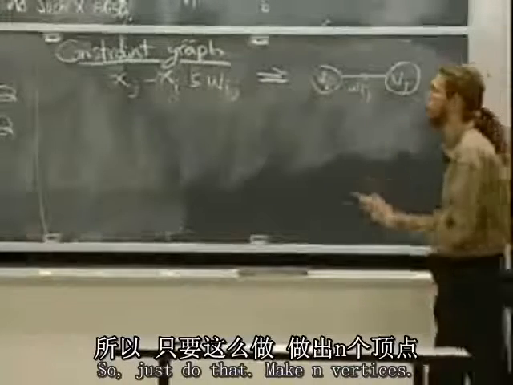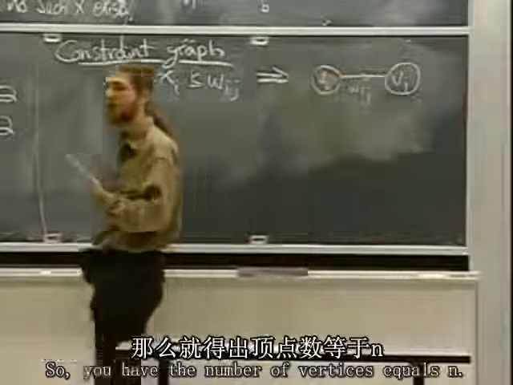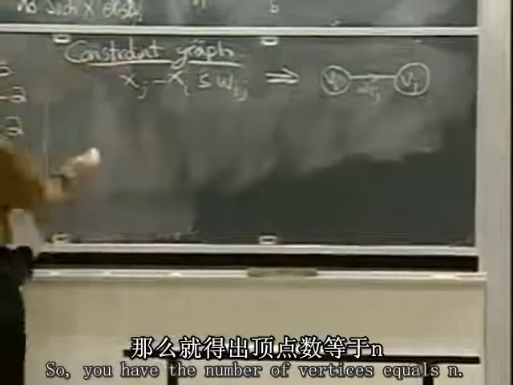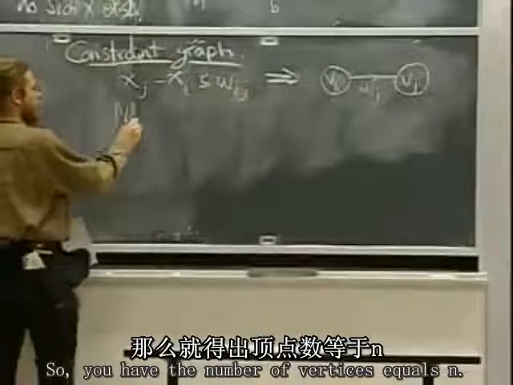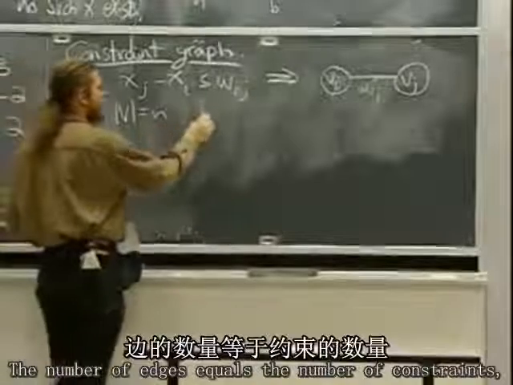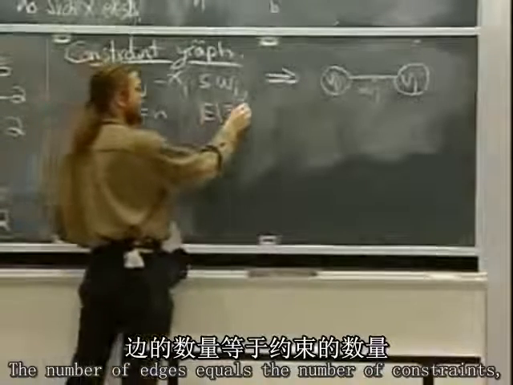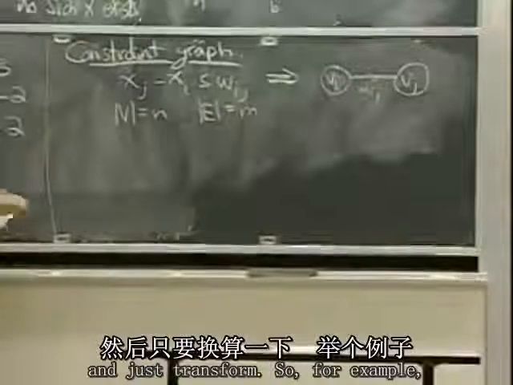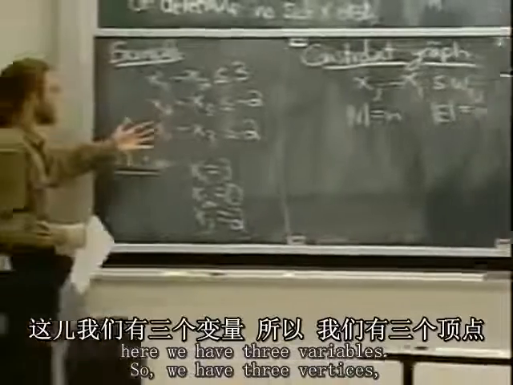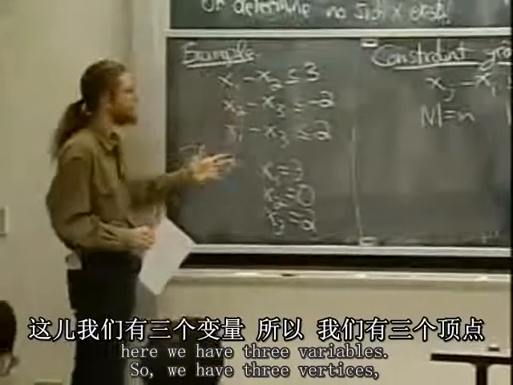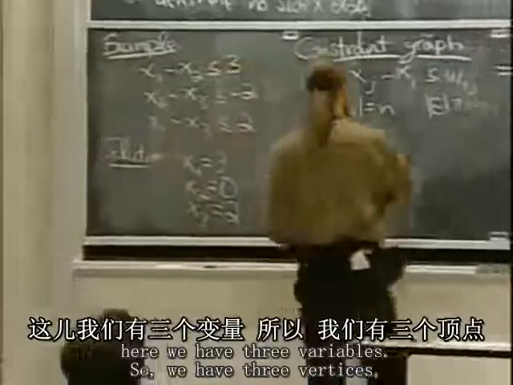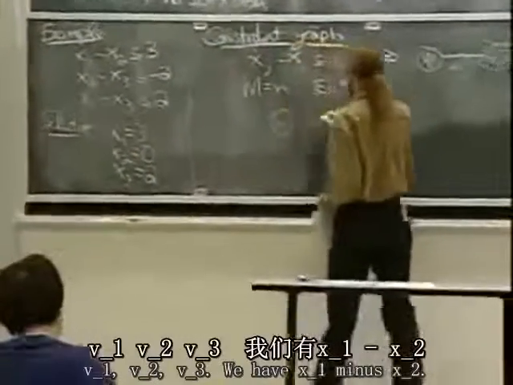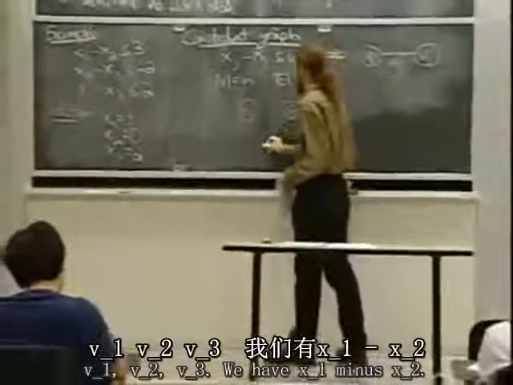So just do that. In other words, make n vertices. So you have number of vertices equals n. Number of edges equals the number of constraints, which is m, the height of the matrix. And just transform. So for example, here we have 3 variables. So we have 3 vertices, v1, v2, v3.